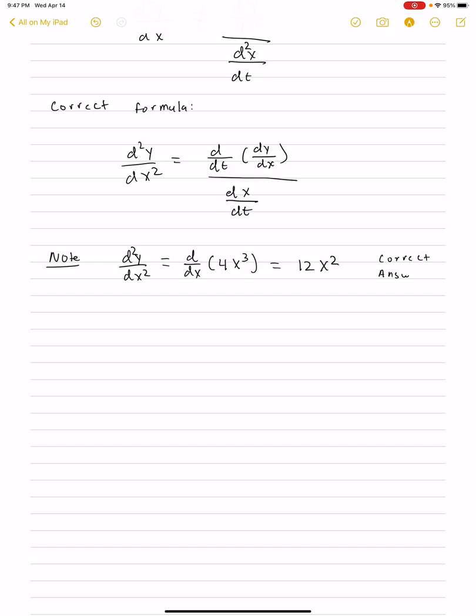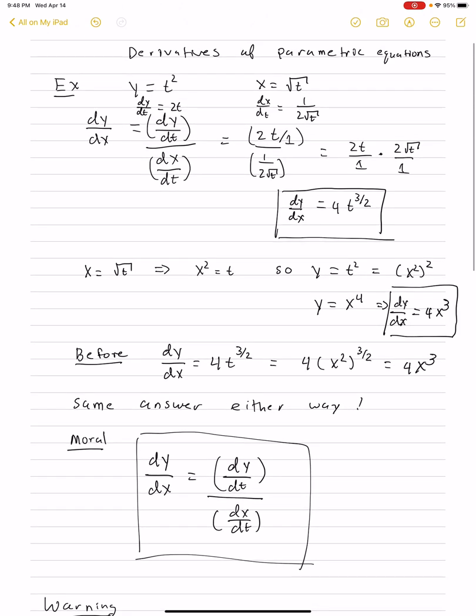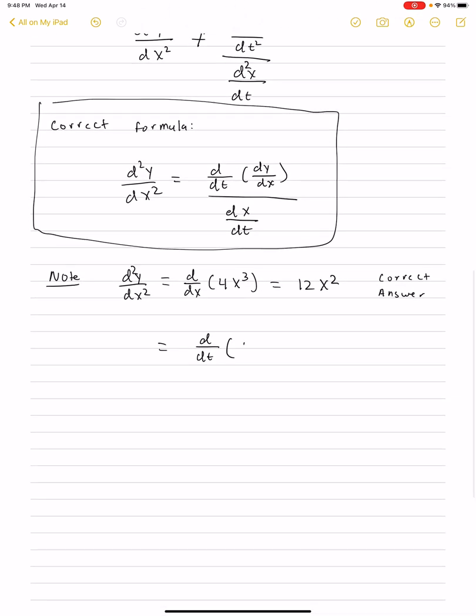And we know that from Calculus 1. Well, what happens if we use this correct formula? Our correct formula is right here. This is telling me I need to differentiate dy/dx, and dy/dx is 4 times t to the 3/2. I differentiate that with respect to t.